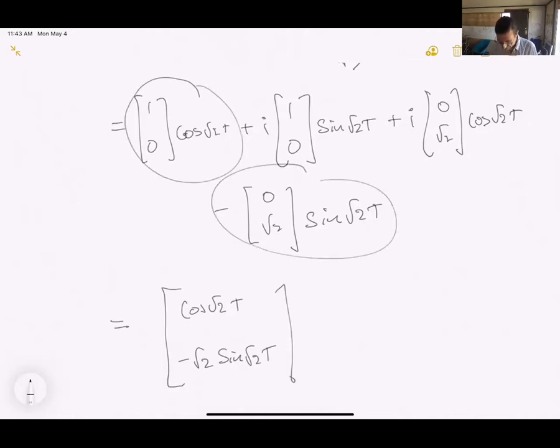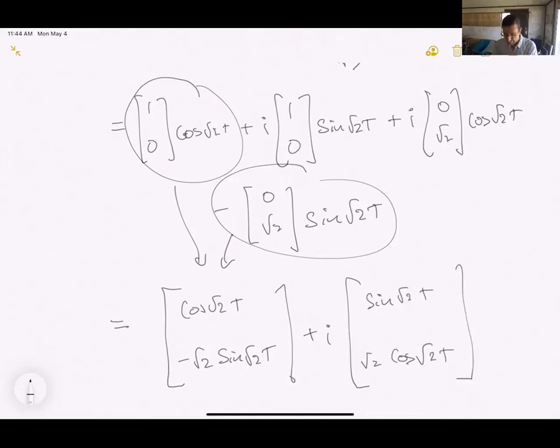I just combined them to give me this vector. And then we have an i for the other terms, and we get sine root 2t and root 2 cosine root 2t. That's one specific solution of the unforced system. Now, does anybody remember how we get the general solution from that?